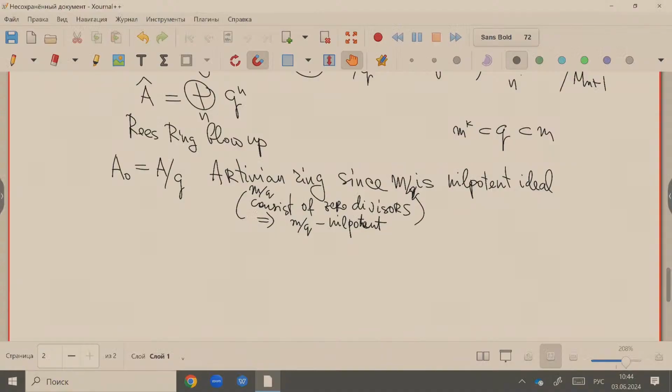And then of course, M is moreover the only prime ideal.